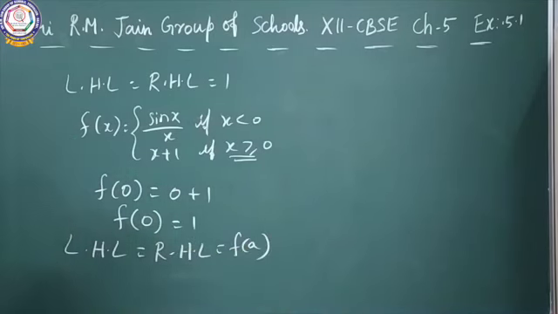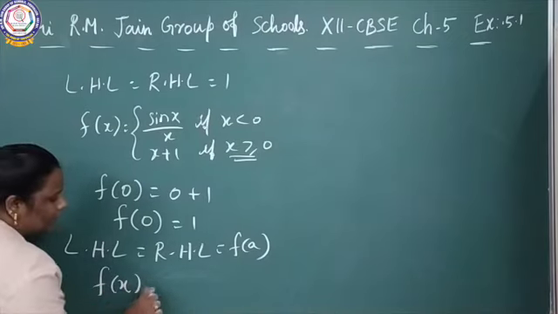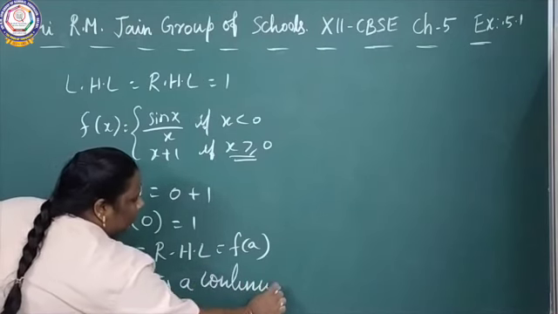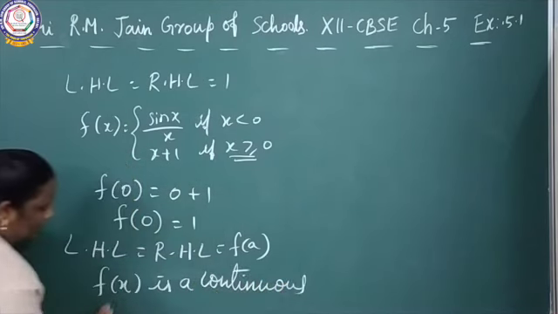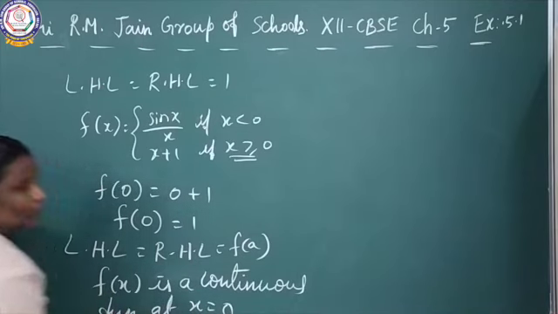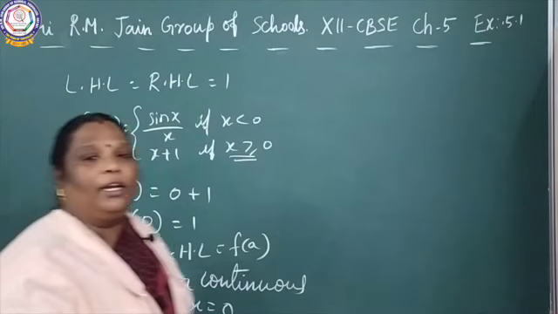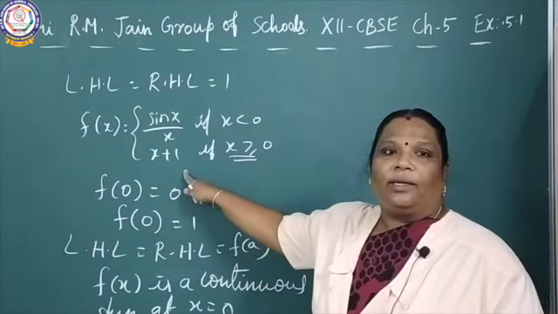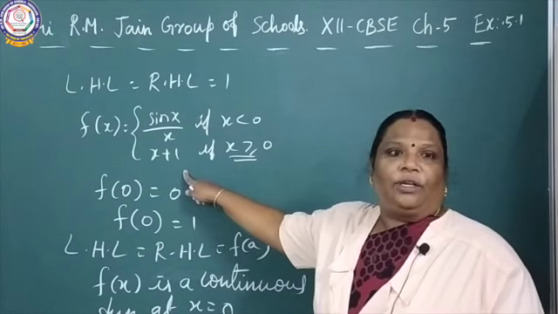So f of x is a continuous function at x equal to 0. There is no point of discontinuity for this function, because this is also a polynomial function, which is a continuous function.